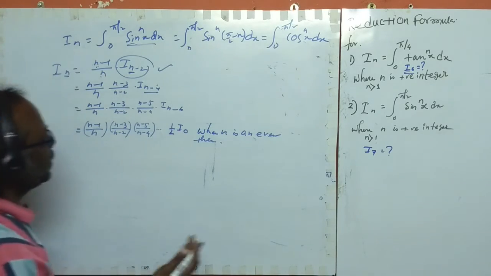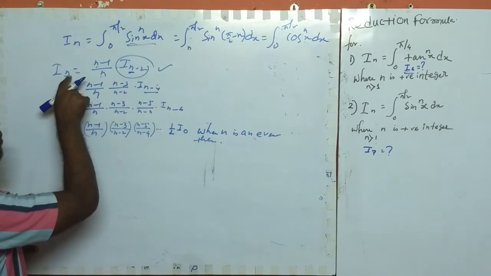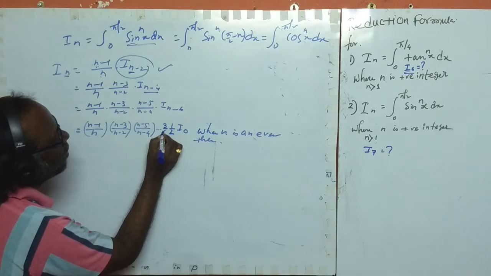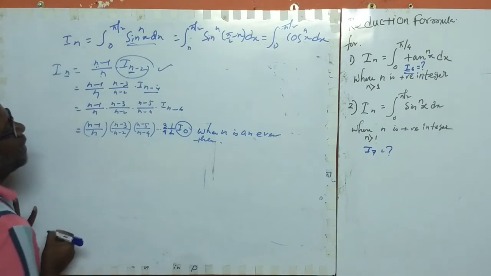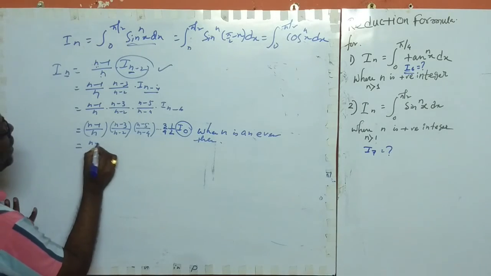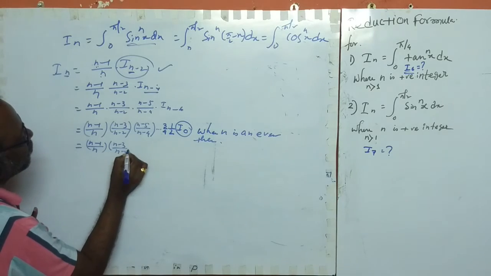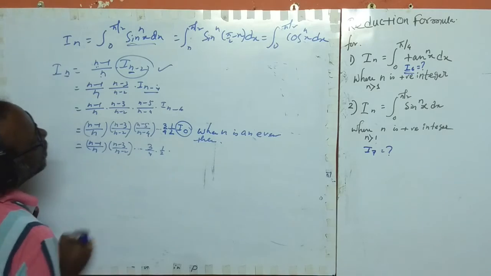Then after that, the preceding even number will be 4. If we put 4, then 3 by 4, so the previous number 3 by 4 here. And this is I naught. How can we find it? Very easily: 3 by 4, 1 by 2, I naught.